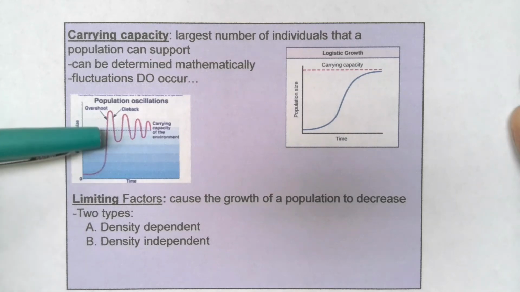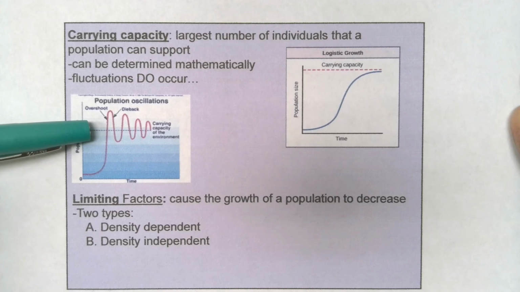This is what tends to happen: sometimes populations are above carrying capacity and sometimes they're below that. But if we were to look over long periods of time, then that's where that dotted line comes into play. It's kind of this maximum idealistic number, which really just doesn't exist.